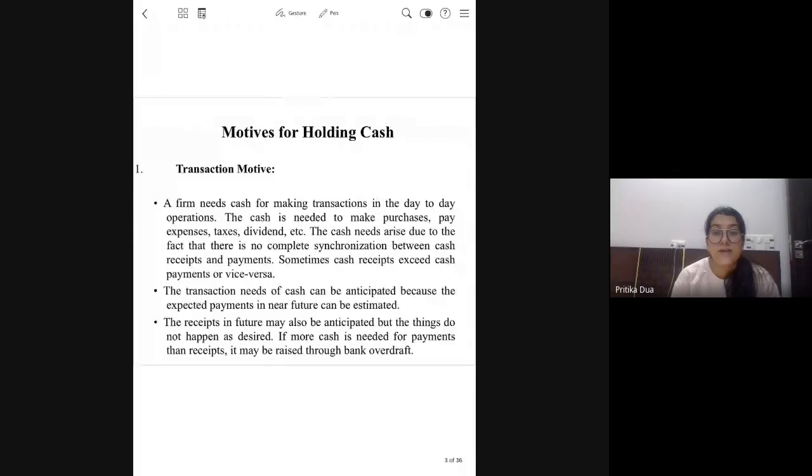For a business, cash requirement may be to make purchases. You have to meet your daily expenses, the cost of running business, then distribution of dividend, payment of taxes. All this requires proper cash management on the part of the business.